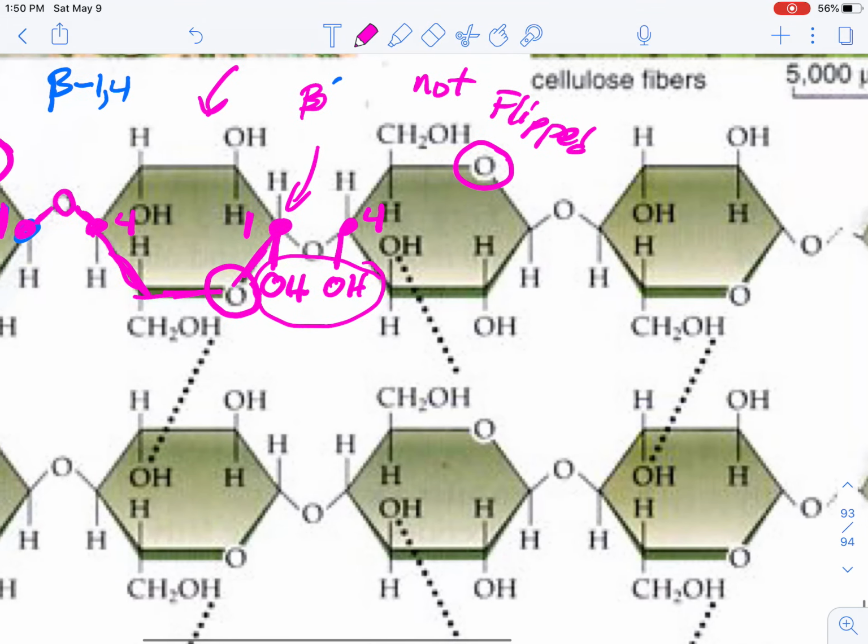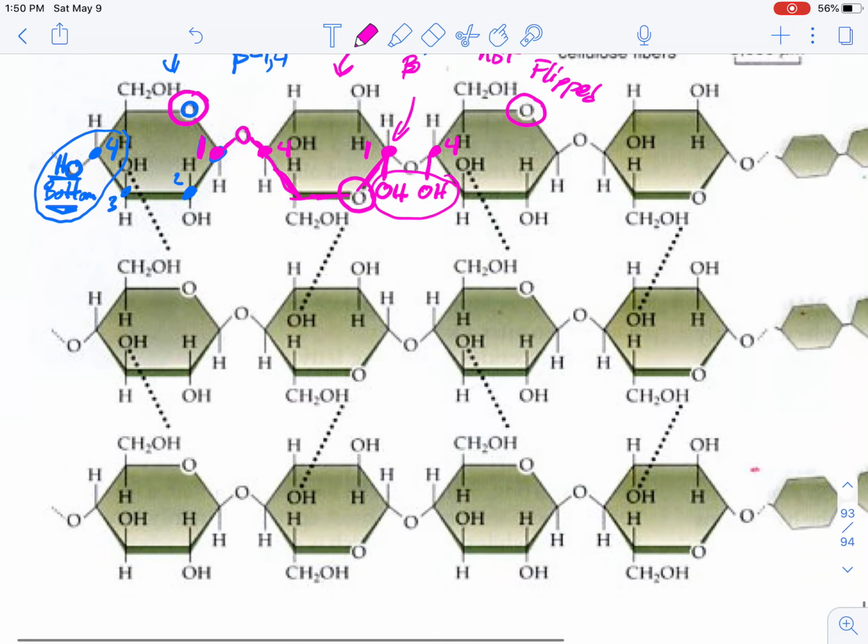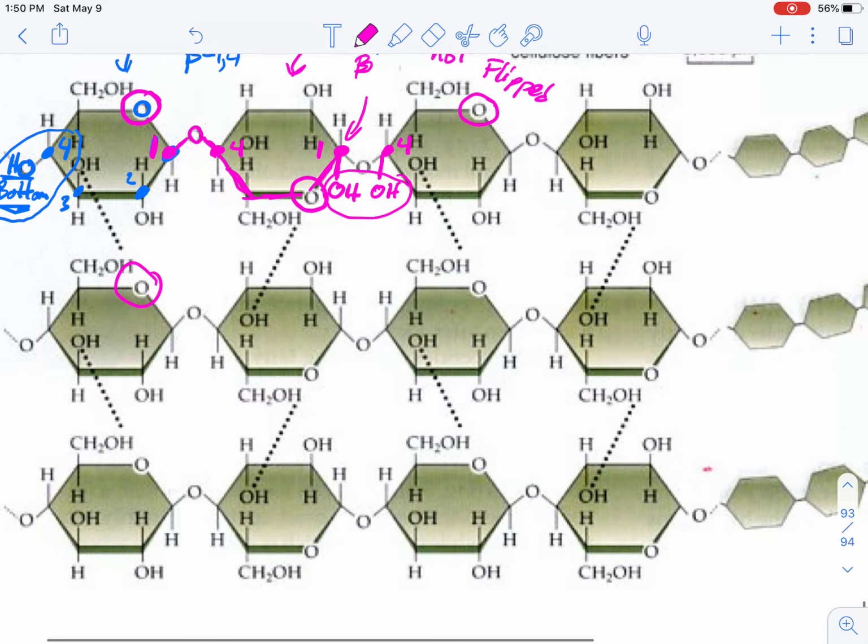And so overall, if I just zoom out and look at the trend, we have a glucose molecule that's right side up, and then this one's upside down. Right side up, upside down.